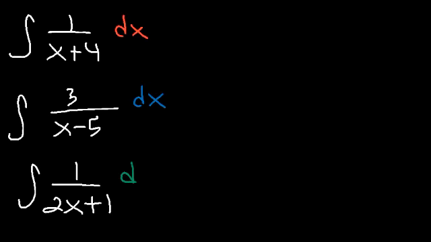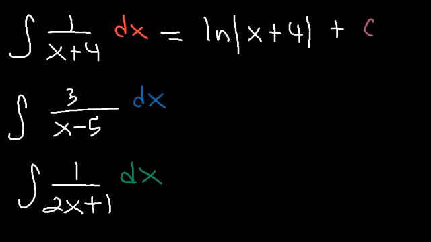Try those. So the integration of 1 over x plus 4 is going to be ln |x plus 4| plus c. The purpose of having the absolute value is because you can have a negative inside a natural log. So the absolute value will make everything positive on the inside.